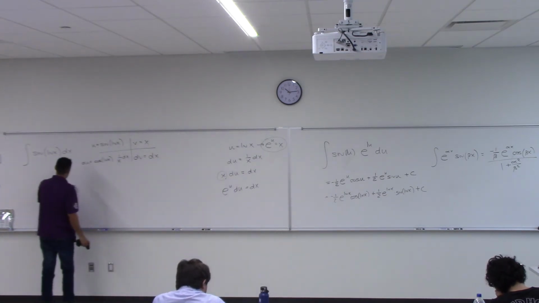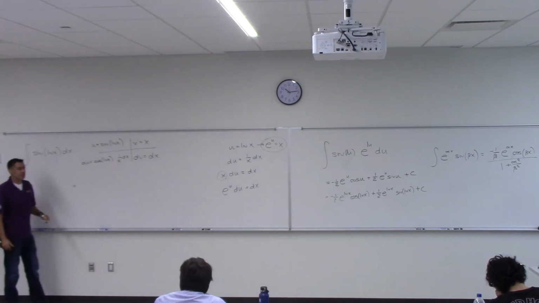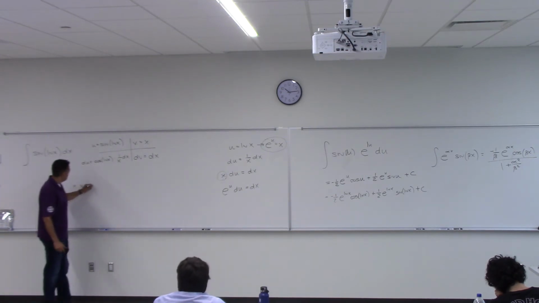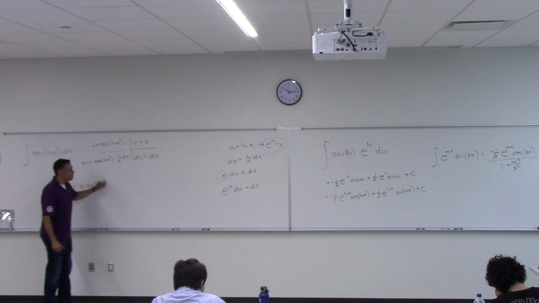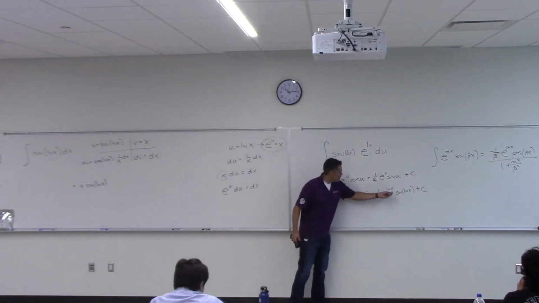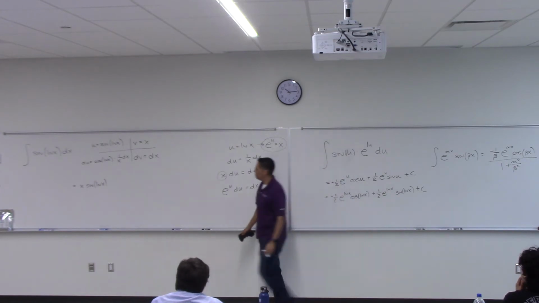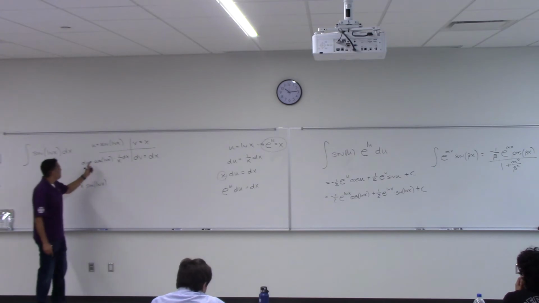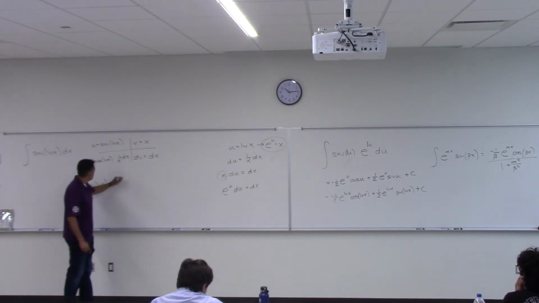So this should equal uv, which is x sine natural log x. That's uv, okay, minus integral.